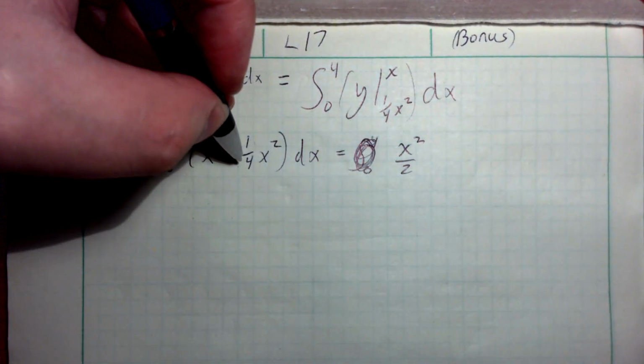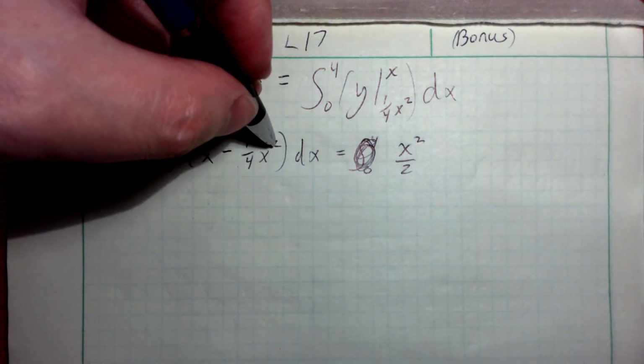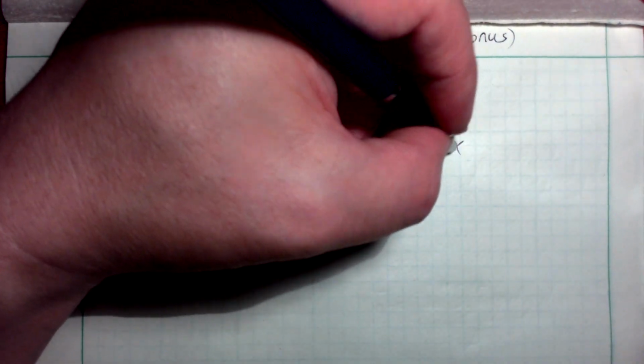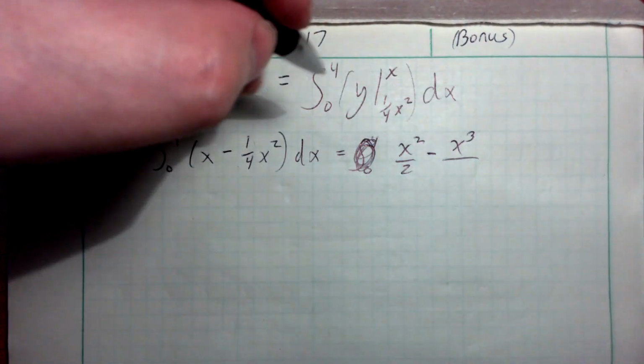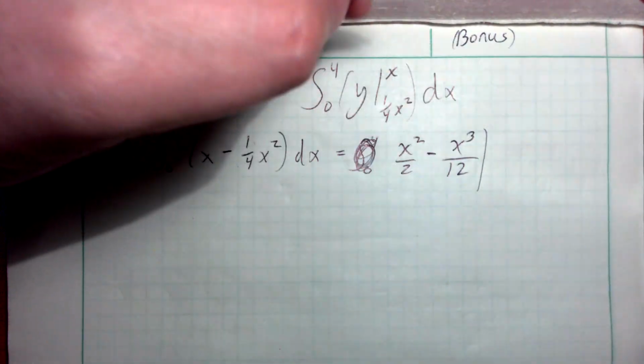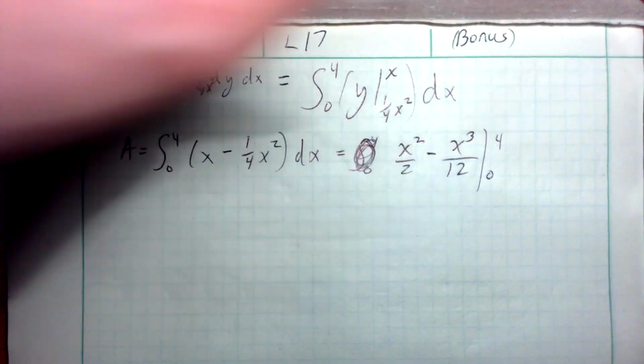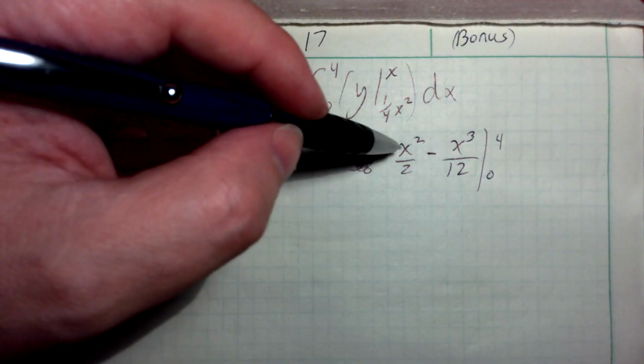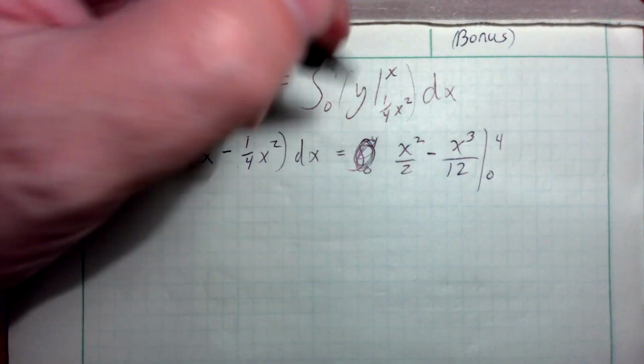This is going to be x squared over 2 minus 1/4 times x cubed over 3, so minus x cubed over 12. And that's going to get evaluated from 0 to 4. You plug in 4 and you plug in 0, you're going to get 0 here, right?